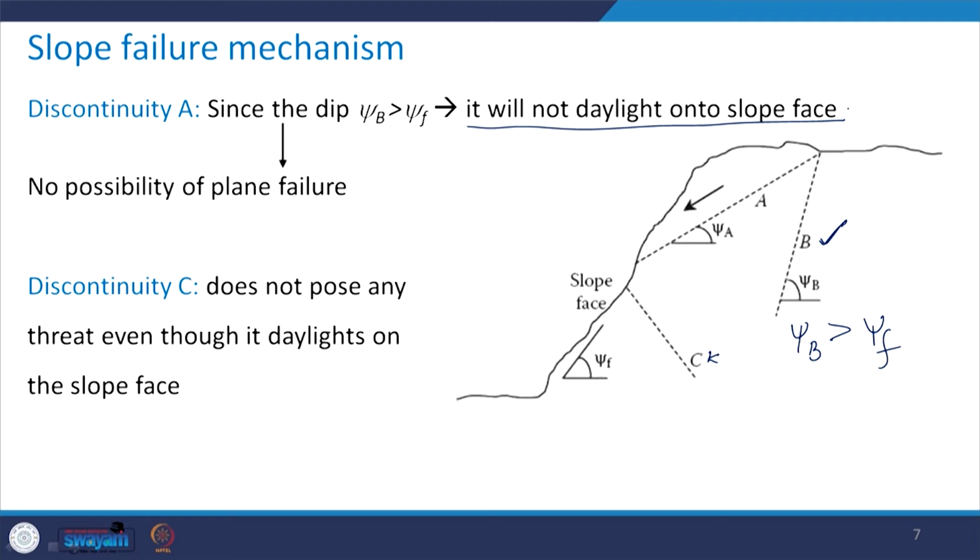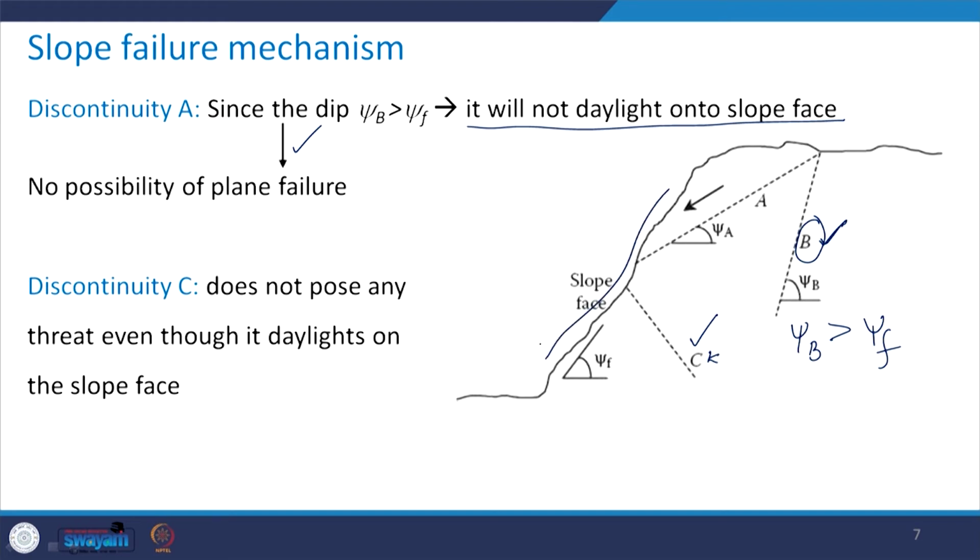And what does that signify? This signifies that there will be no possibility of plane failure along this discontinuity B. And as I already mentioned, even though this discontinuity C daylights the slope face, it will not pose any threat towards the stability of this slope.